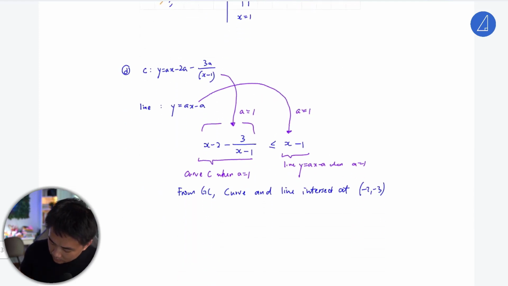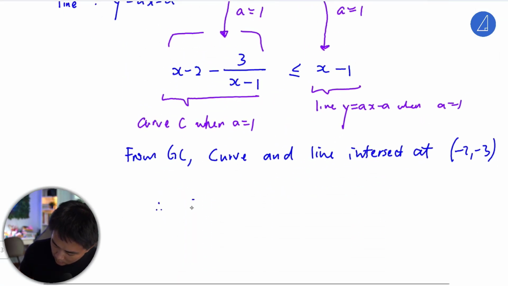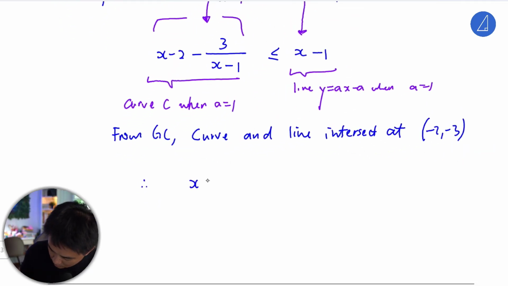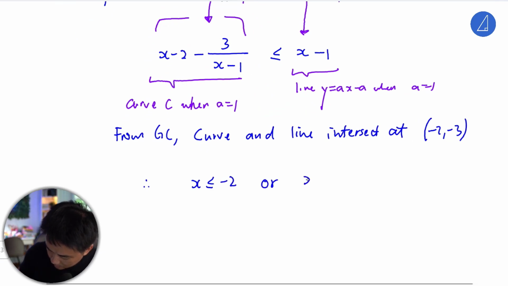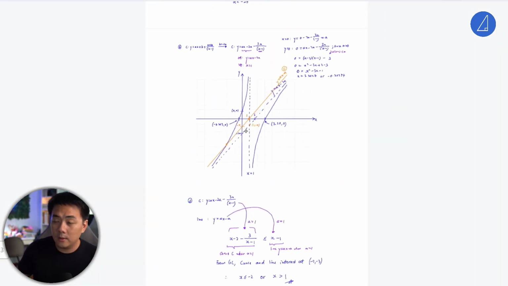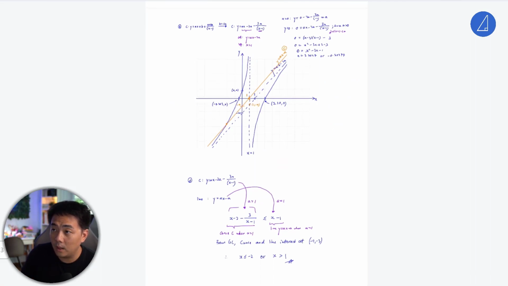Hence the solution set will be x at most negative 2 or x more than 1. Because we can't equal 1 here, but we can equal negative 2 here.